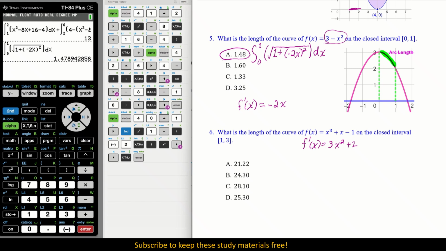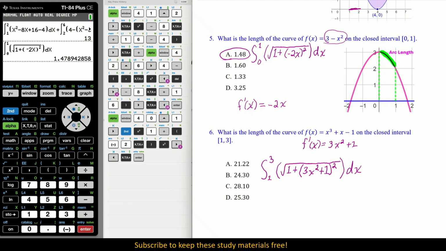So we're done. Okay, so let's write out what we're going to put in the calculator. There's my integral from 1 to 3. Okay, and then my square root, 1 plus parentheses, 3x squared plus the 1, close my parentheses and square it, another parentheses, and my dx, okay?